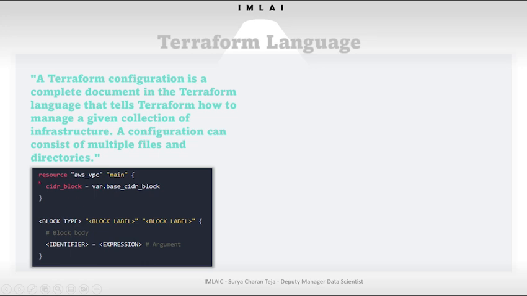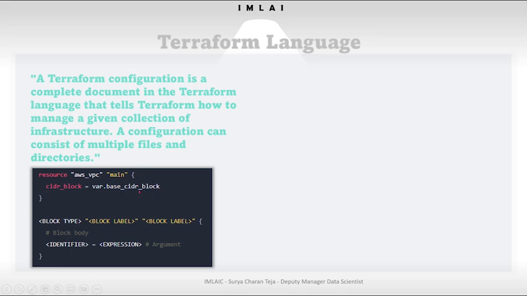If you take this example, resource is your block type, and then the block label aws_vpc, AWS virtual private cloud, is a label, and then the main label, and then the block is opened.